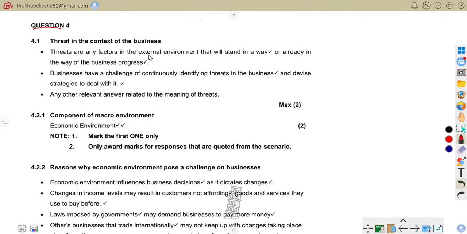Threats are any factors in the external environment that will stand in the way, or are already in the way, of business progress. That is a threat. So a threat is any external factor that can negatively affect a business or slow down its progress.